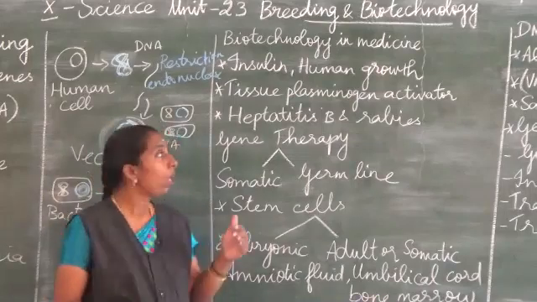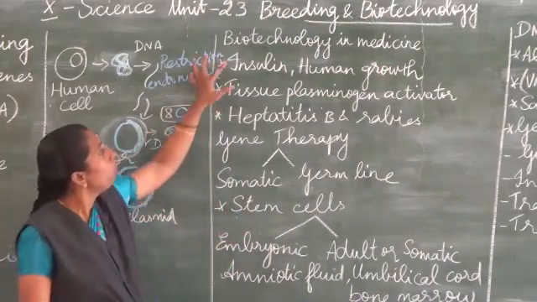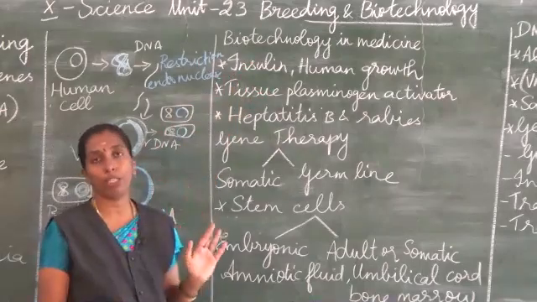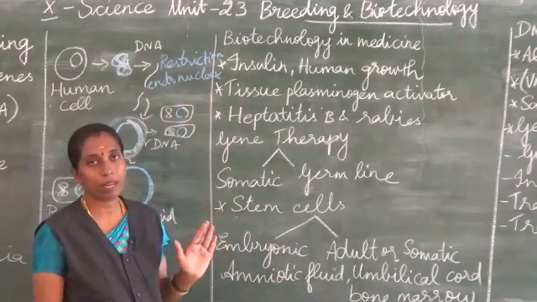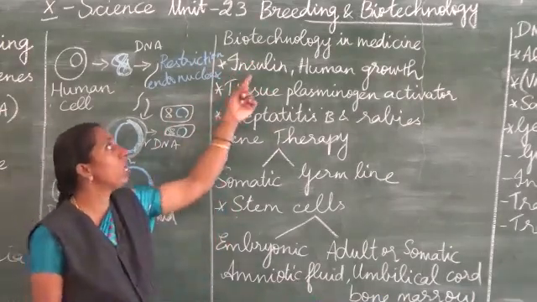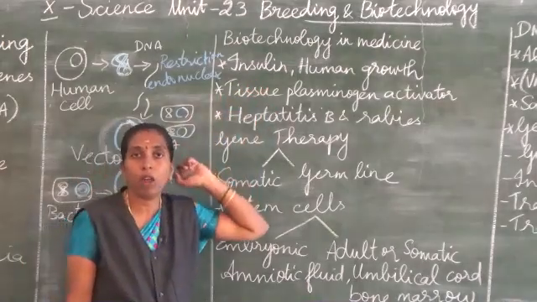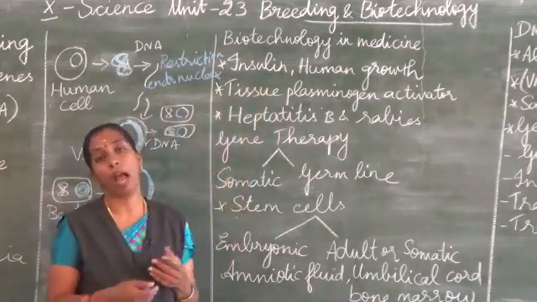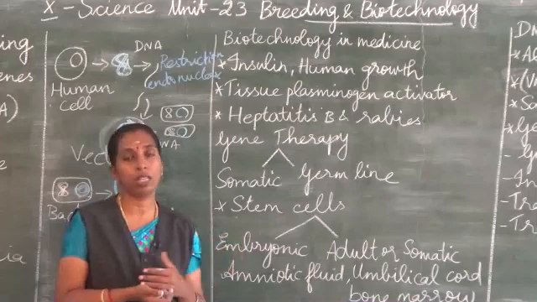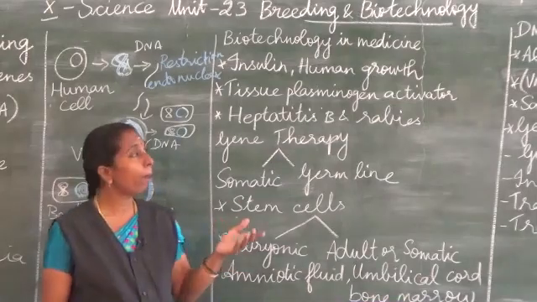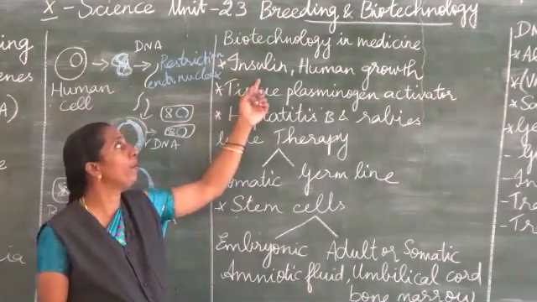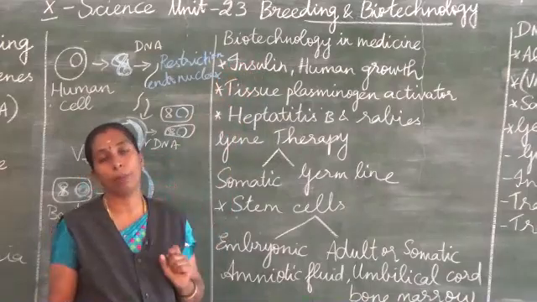Now we shall see, using biotechnological principles, what products we can obtain. First one is insulin. Among every 10 people, one is an insulin patient. Insulin can be produced using biotechnology principles.